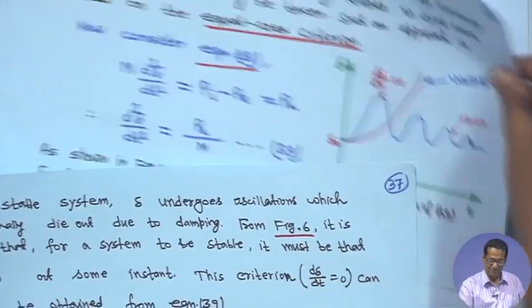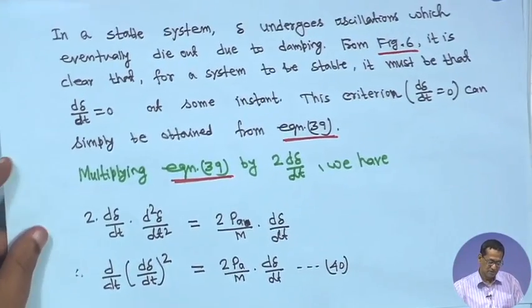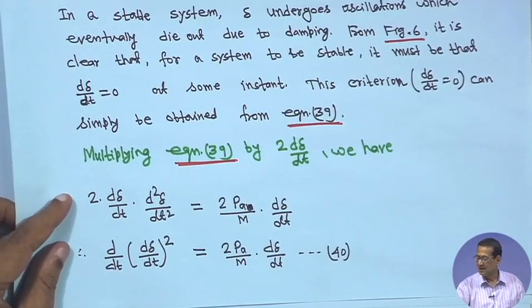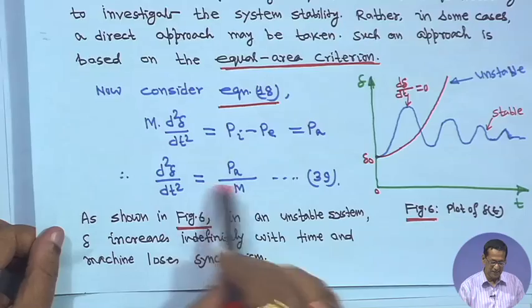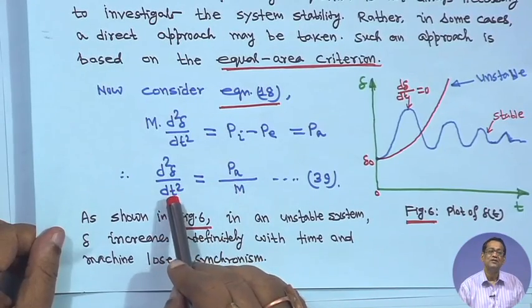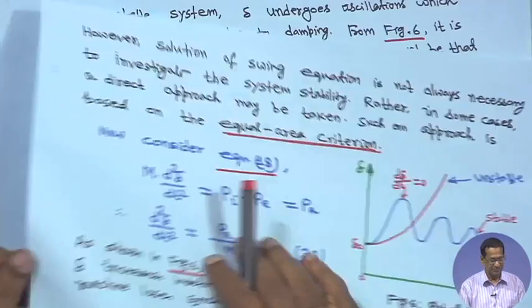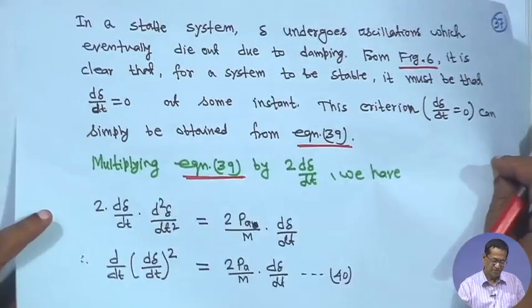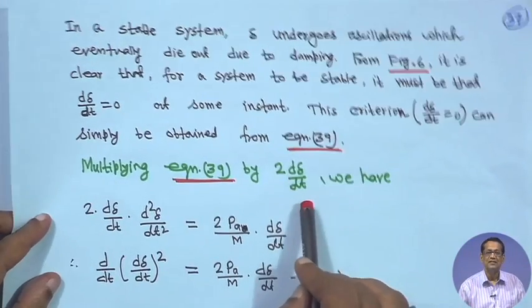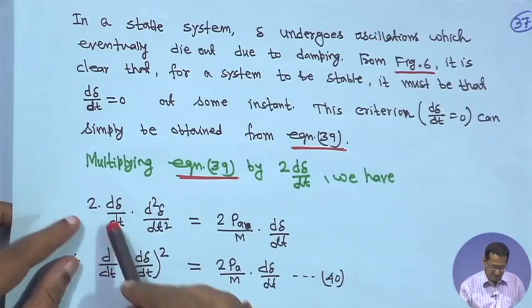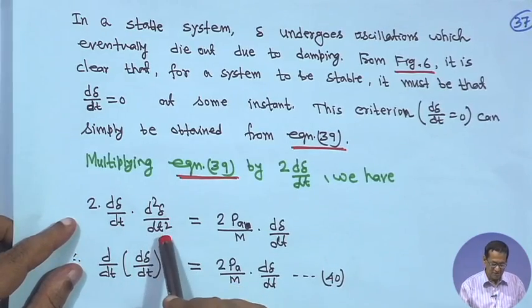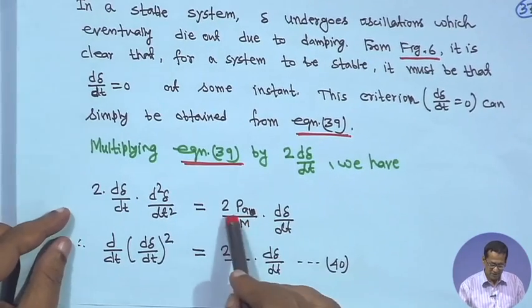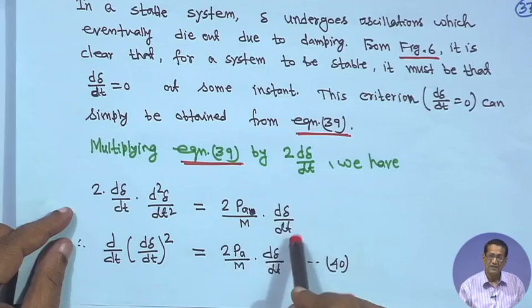So, multiply equation 39, that means both sides of this equation, by 2 into d delta by dt. Then 2 d delta dt into d square delta dt square is equal to 2 P a upon M into d delta by dt.